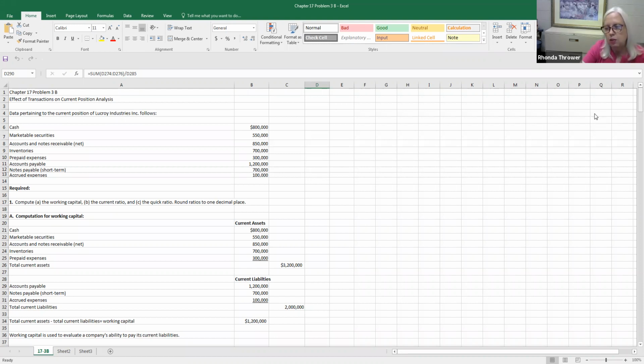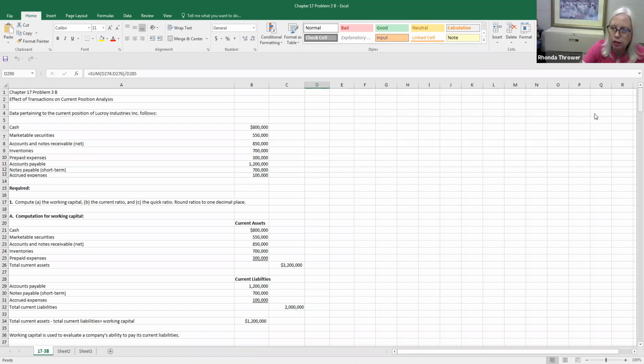So basically, this problem was just having you calculate your current ratio, your working capital, and your quick ratio using different situations for the different transactions.